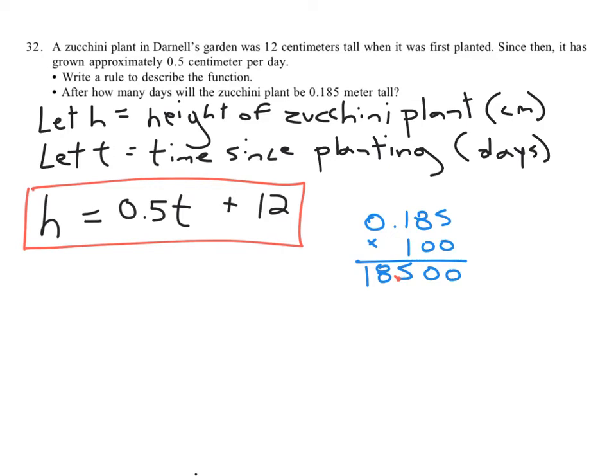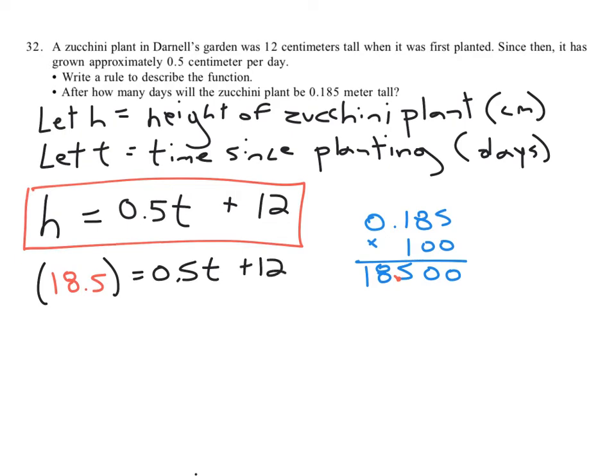What we are trying to find out is t, the time in days, and what they've given us is the height. So if we're going to substitute into this equation, for h we need to substitute 18.5 is equal to 0.5t plus 12, and then you're solving for t.